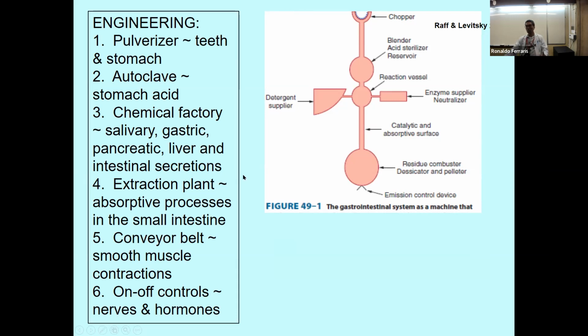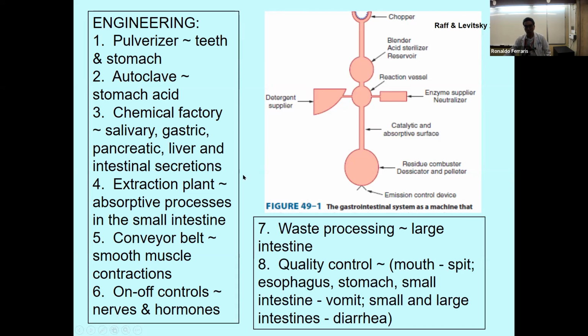Then if something goes wrong, or the first shift of workers goes to be replaced by the second shift, you turn things off, you turn things on, and that is regulated by nerves and hormones. So we do have an exquisite system of this mining operation. And in this elaborate system, we also have a waste processing system represented by your large intestine. And then we even have a quality control.